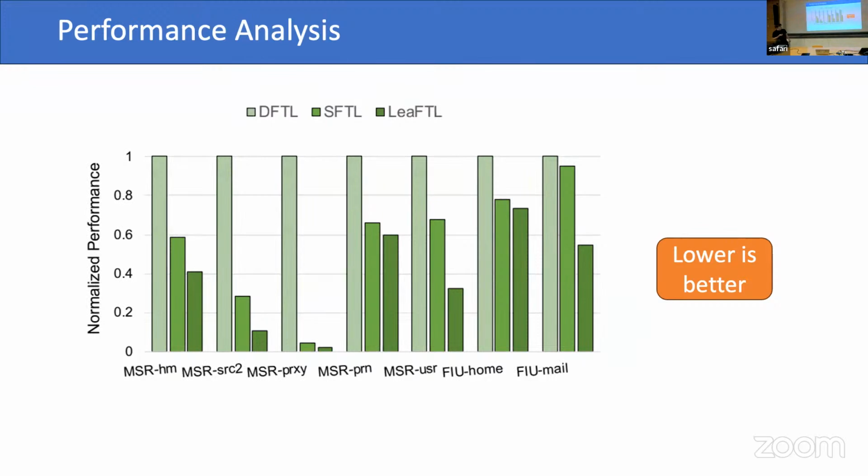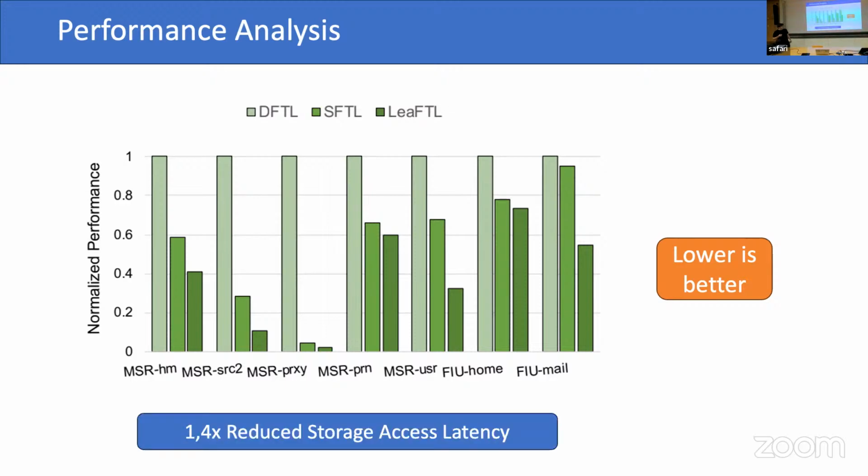We can see a lot of improvement, especially in some workloads. We can see a lot of difference between workloads because it depends a lot on if we can actually create patterns, so on spatial locality, on segments and stuff. Overall, it's a 1.4x reduced storage access latency.